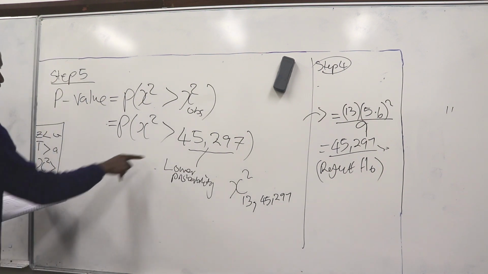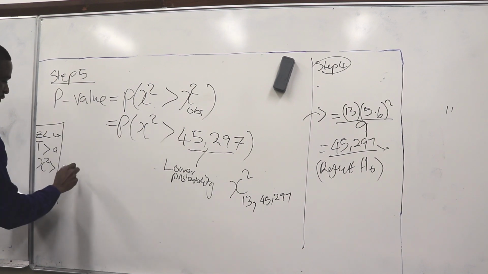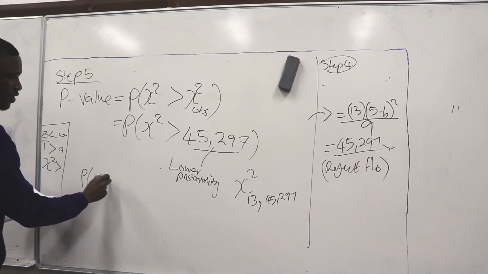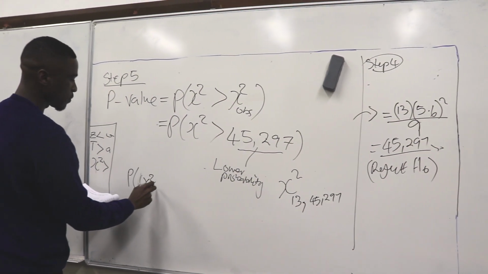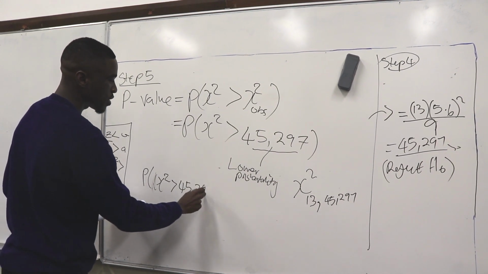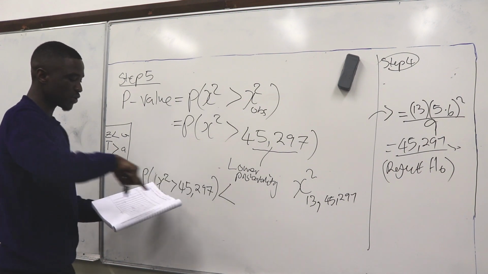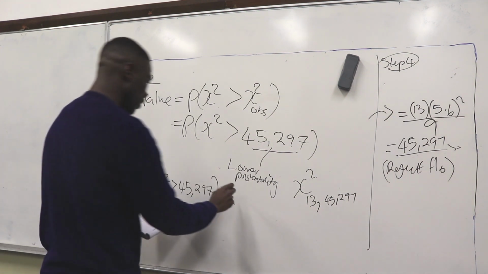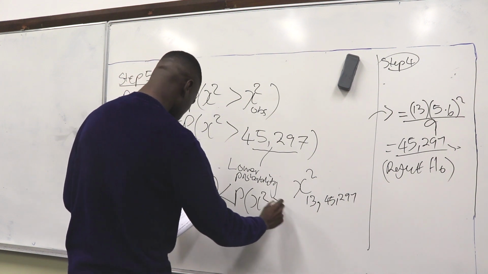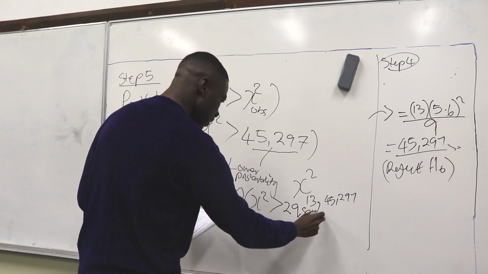Therefore, we can say that this number, since it's equivalent to p-value, we can say that the probability of chi-squared greater than 45.297 is less than the probability of the last value, which is the probability of chi-squared greater than 29.819.